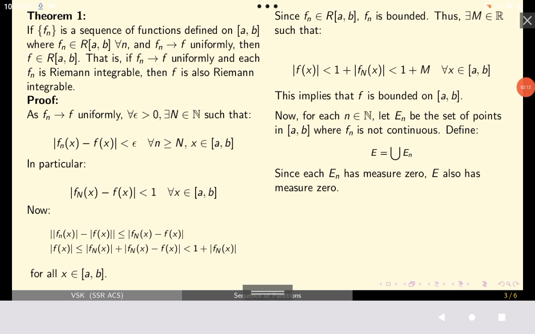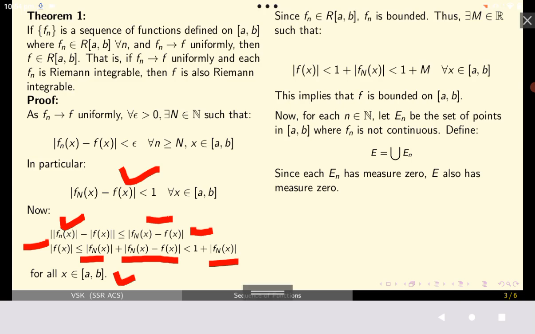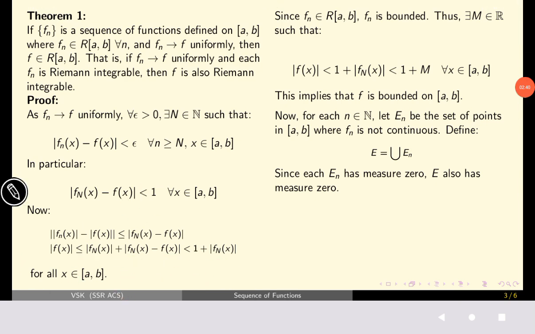We obtained that modulus of F(x) is less than or equal to modulus of FN(x) plus modulus of FN(x) minus F(x), and this FN(x) is coming from here. Here it should be capital N, and that should be less than or equal to 1 plus modulus of FN(x) using this, for all x belongs to [a, b]. So finally we obtained that modulus of F(x) is less than or equal to 1 plus modulus FN(x).